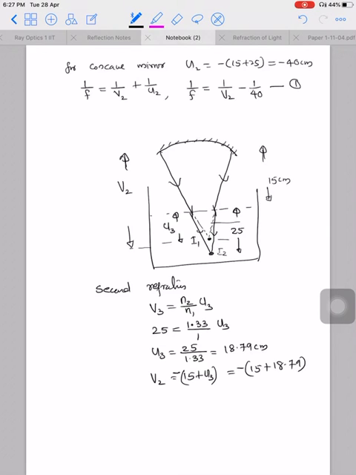So image distance is negative, that is minus 33.79. So from equation 1, 1 by f is equal to 1 by v2 minus 1 by 40. v2 is minus 33.79, so minus 1 by 33.79, minus 1 by 40. On calculation, we will get the focal length is nearly minus 18.31 centimeter. Negative sign shows that the mirror is concave.